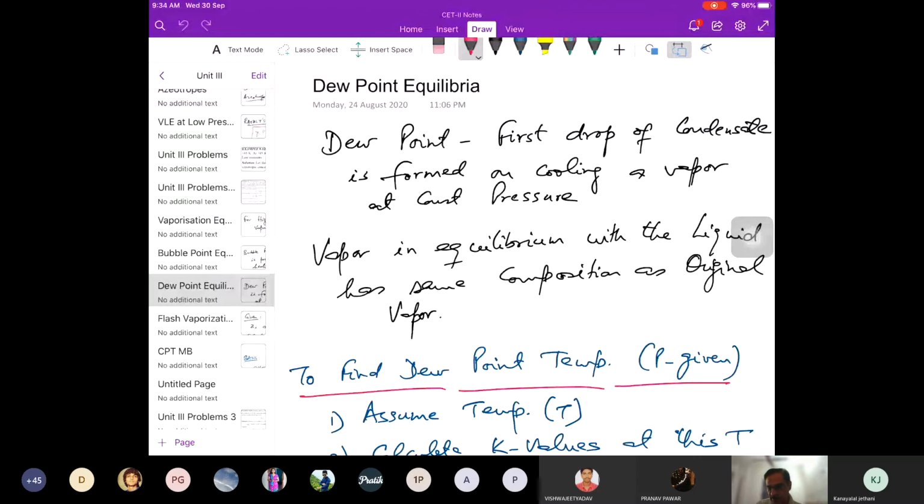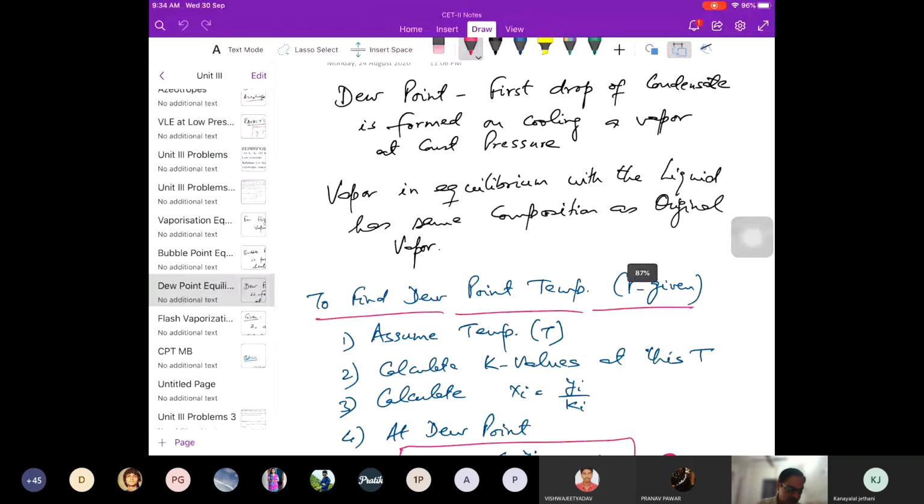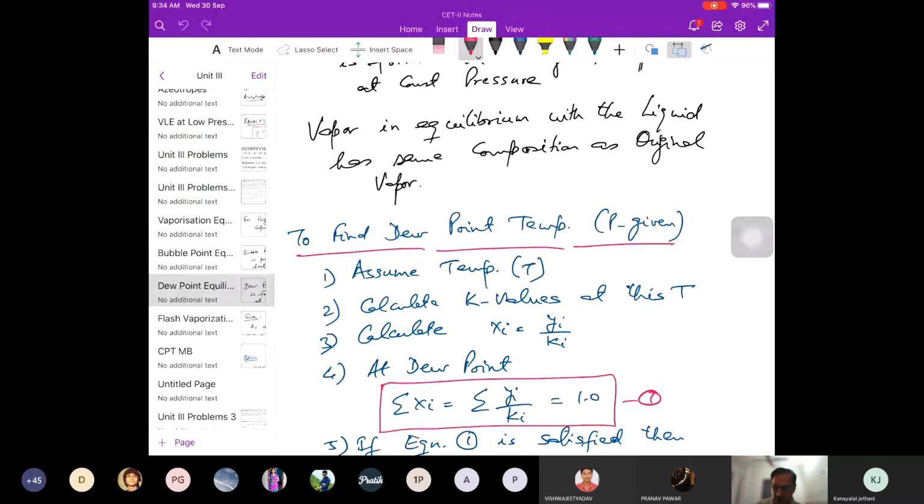उल्टा है, राइट? उसमें xi दिया था बबल पॉइंट में, yi फाइंड करना था. यहाँ पे yi दिया है, xi फाइंड करने का, राइट? So in this case, you assume a temperature, pressure is given, calculate k values or whatever ग्राफ में निकालने का.